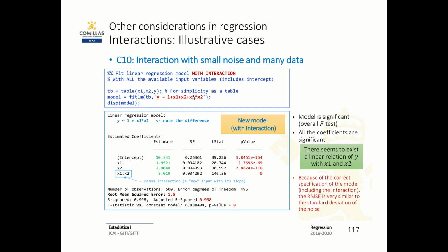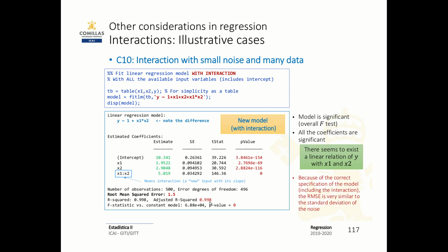So now we include the interaction, and again, all the coefficients are significant. Now all the estimates of the coefficients are correct. Just a reminder, these were 10, 2, 3, and 5. So we now have pretty good estimates of those true parameters.